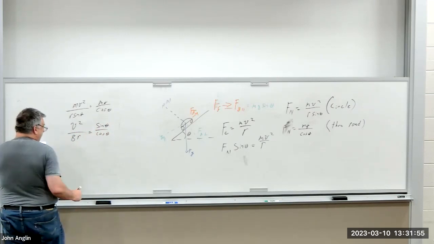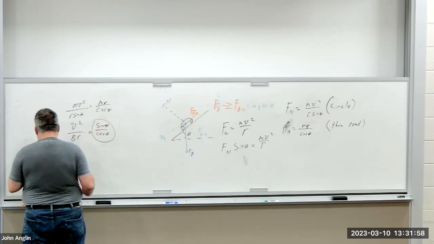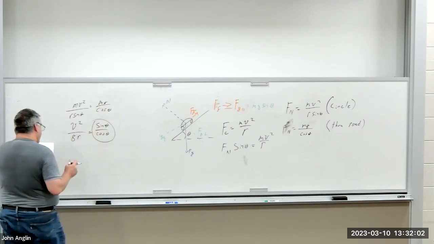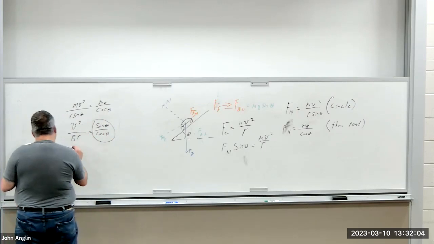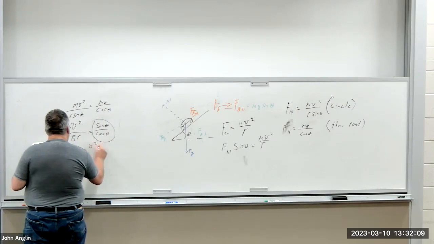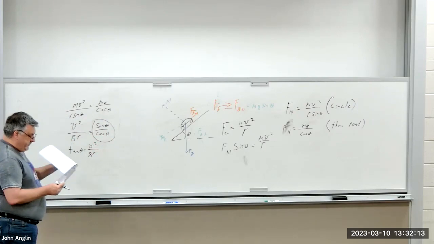Well, here we are again. Remember sine theta over cosine theta. That looks sort of like tangent, right? So a little more algebra. We get tan theta equals v squared over gr.